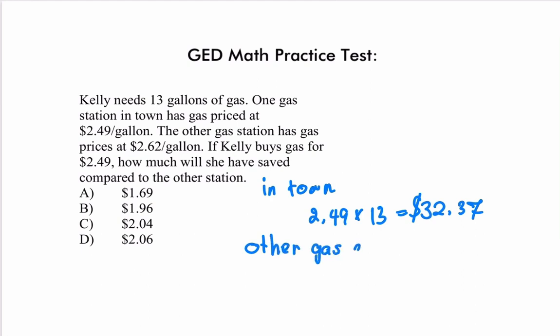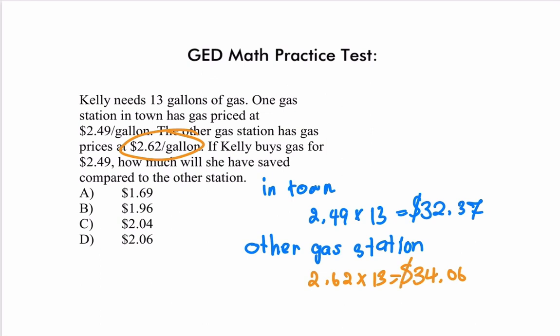For the other gas station, this is a price per gallon: 2.62 times 13 is 34.06.